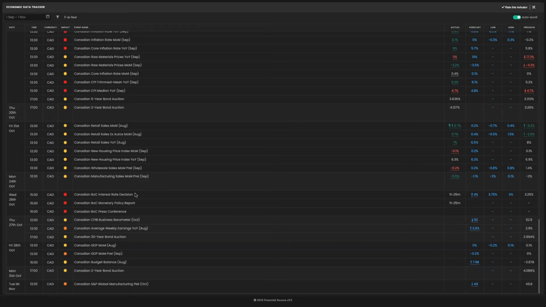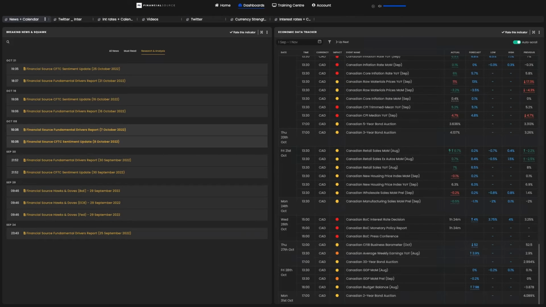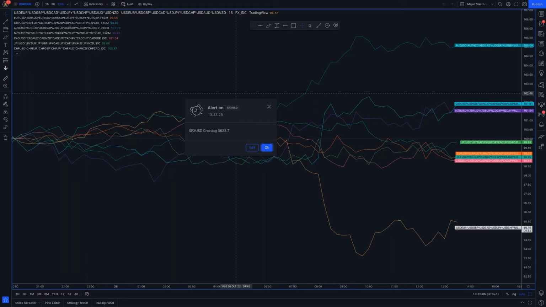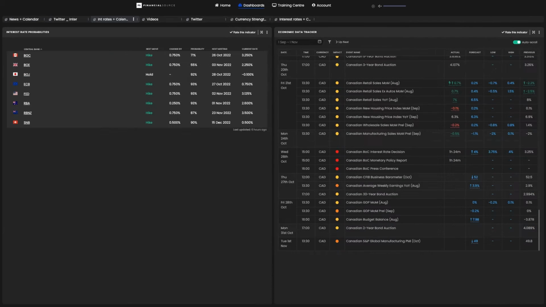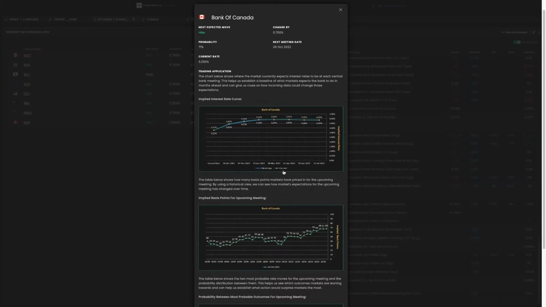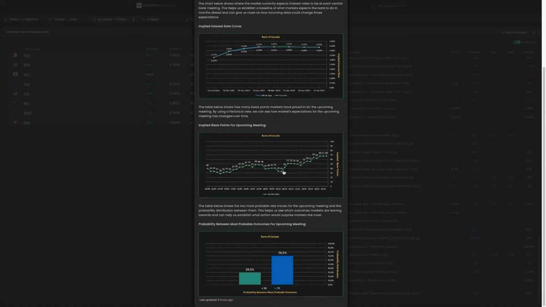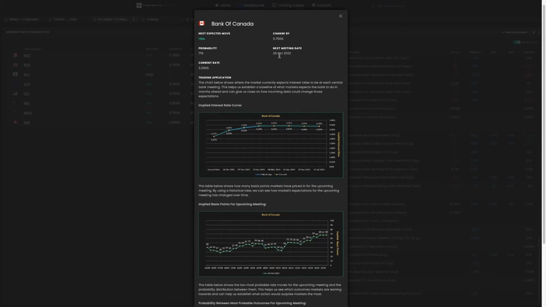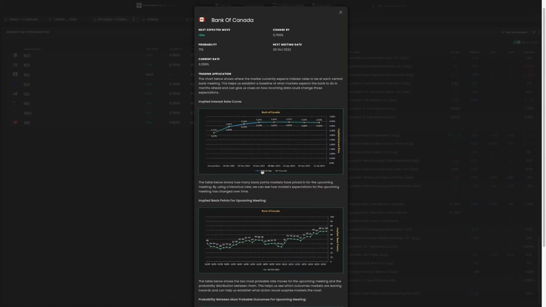Now, at the last interest rate meeting, the Bank of Canada did take a more hawkish view, and we saw a surprise 100 basis point hike. For this meeting, what's expected is a 75 basis point hike, with a 71% probability.